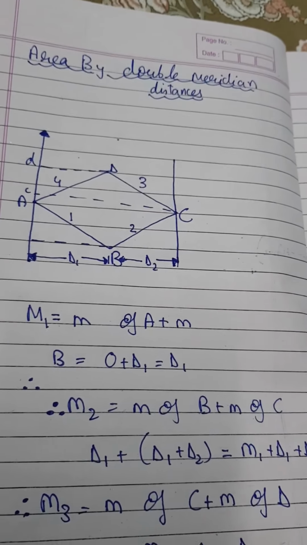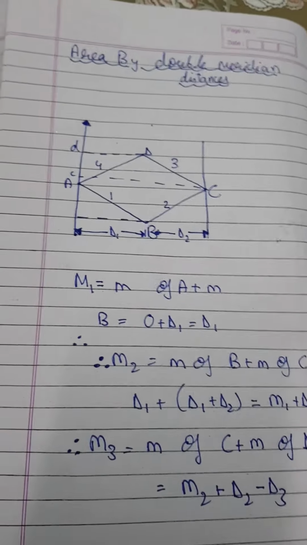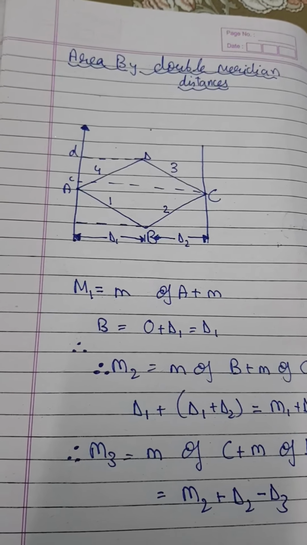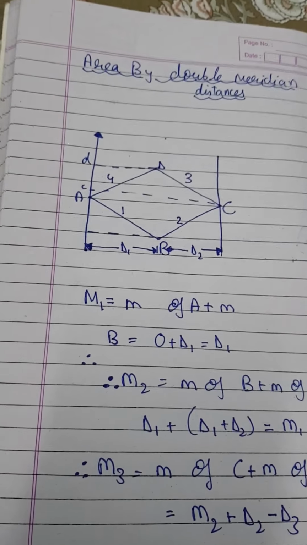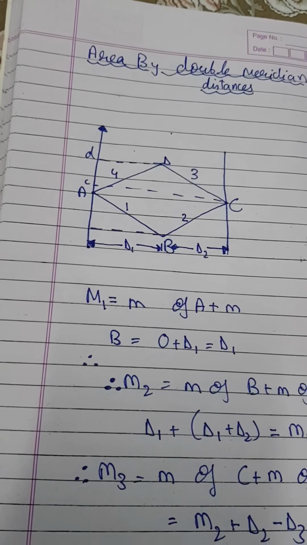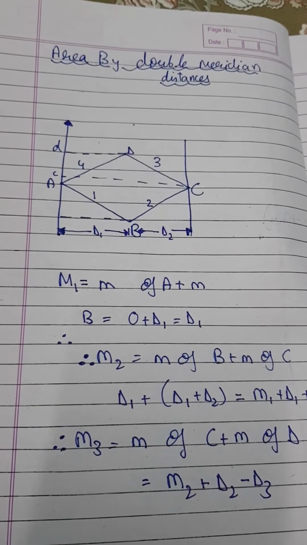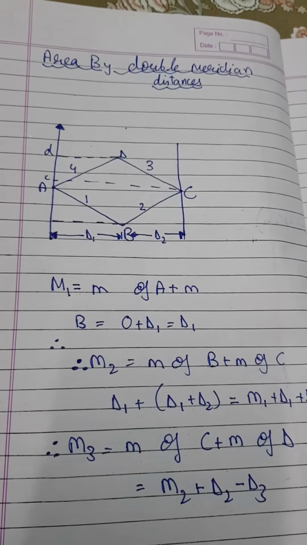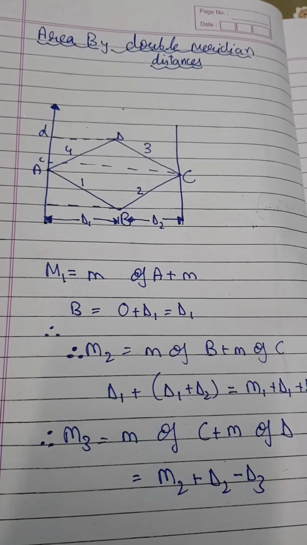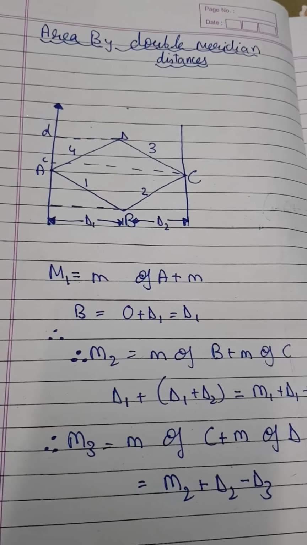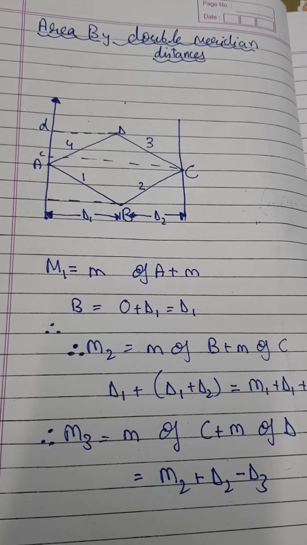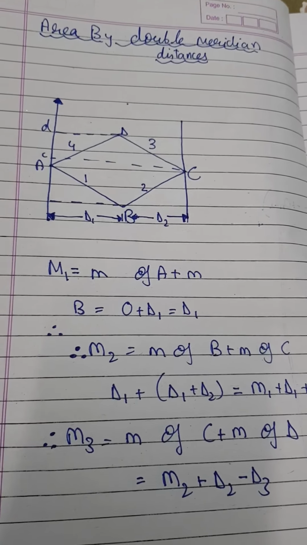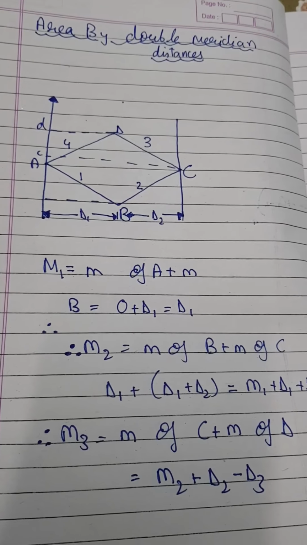Let's see. The double meridian distance of a line is equal to the sum of the meridian distances of the two extremities. Like here, the double meridian distance is represented by the symbol M. As you can see here, M1 is equal to M of A plus small m of B. Similarly, M2, M3 and M4 would be calculated.